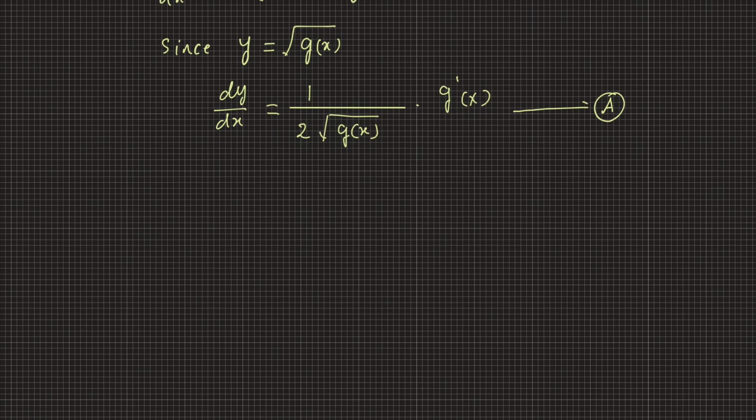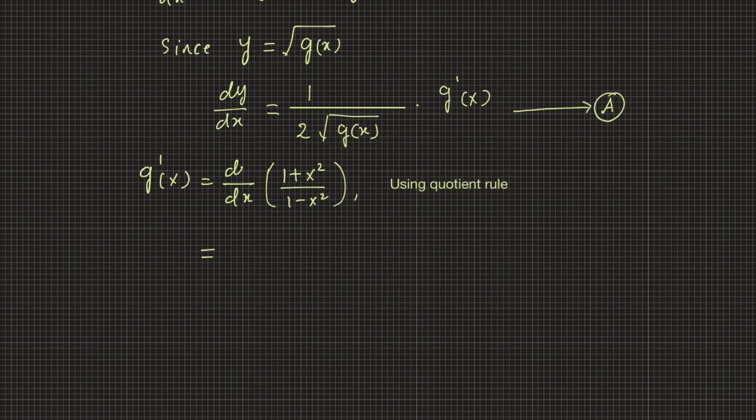Let's label this as a, and find the derivative of the inside function g of x, which is the derivative of 1 plus x squared divided by 1 minus x squared.